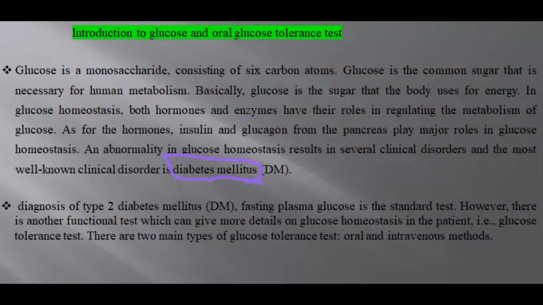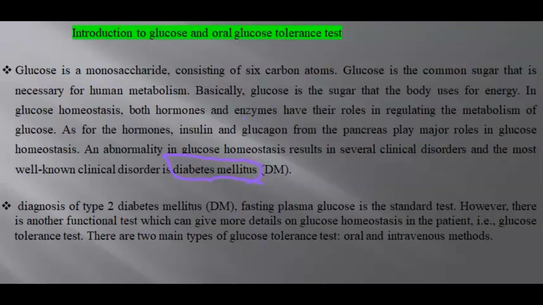In the case of diabetes generally, either type 1 or type 2 diabetes mellitus, fasting blood glucose is the standard test, where the person is to fast and then come for the test, and the blood will be collected and the test will be carried out. And the level of the result will show if it is diabetes or not.